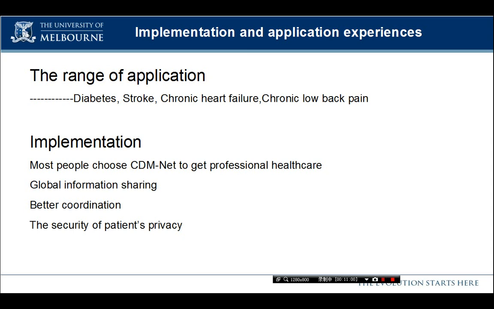After this system is implemented, most people will choose the chronic disease management network to get professional health care, and the care plan is shared globally. So other states may know the new plan to treat the chronic disease.